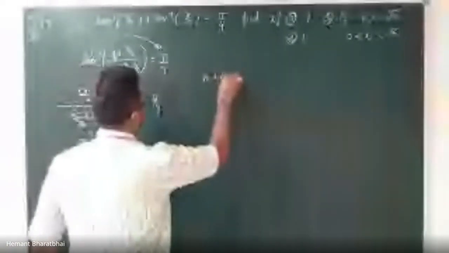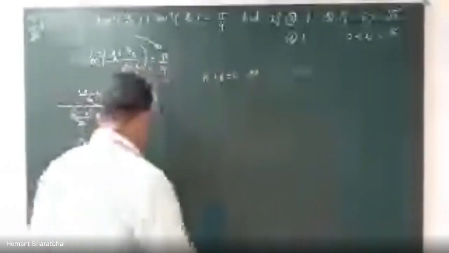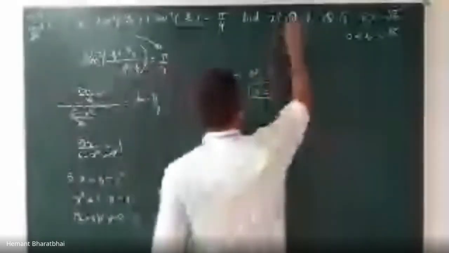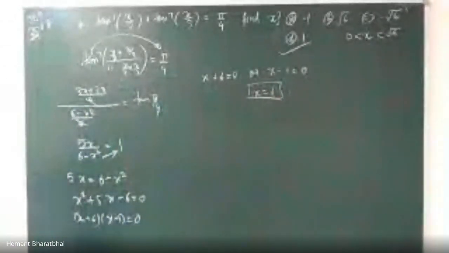Therefore, x plus 6 is equal to 0 or x minus 1 is equal to 0. So I'll get x is equal to 1. So answer is option number D. Sorry, not option A. The answer is option number D, that is x is equal to 1.